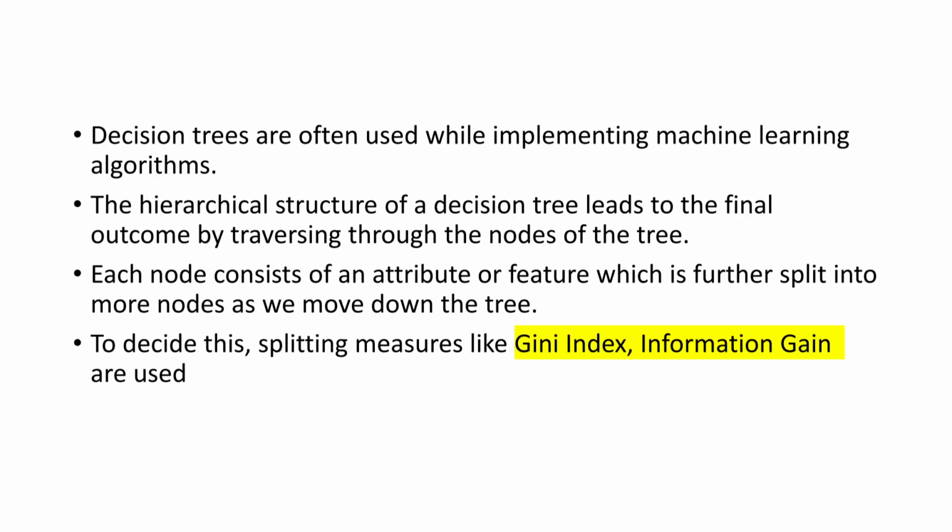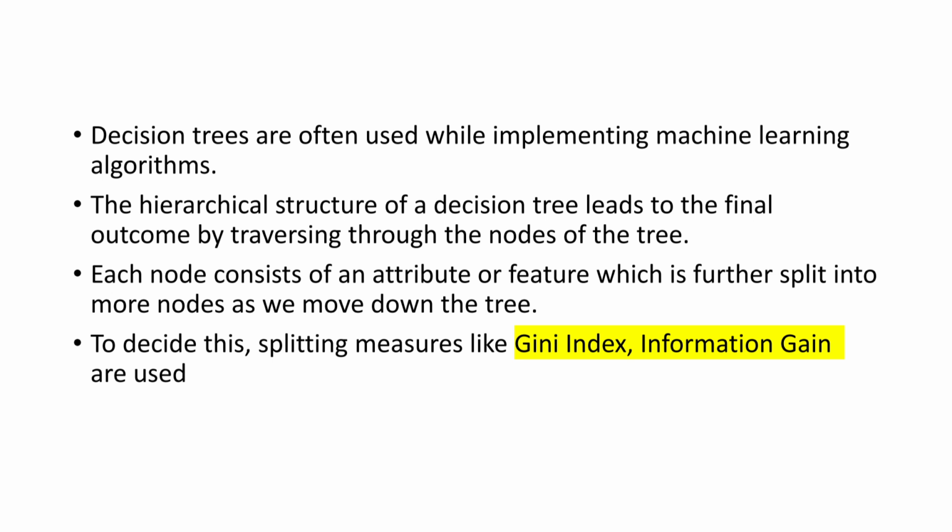Decision trees are often used while implementing machine learning algorithms. This follows a kind of hierarchical structure where one of the nodes is called the root node. Then, based on the logical rules, the tree is split into right, left, middle, child, like that. Or in general, the tree is split. When you are deciding to split the tree, again you have to choose who becomes the next parent, the next generation parent, like that.